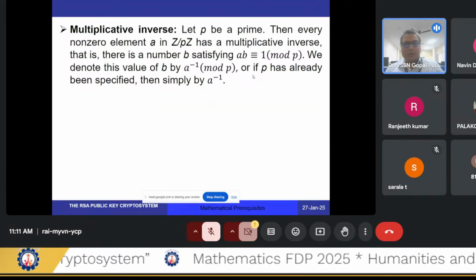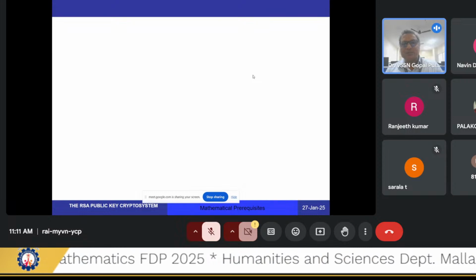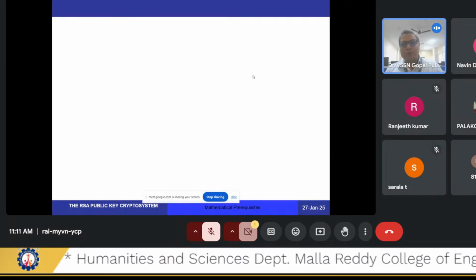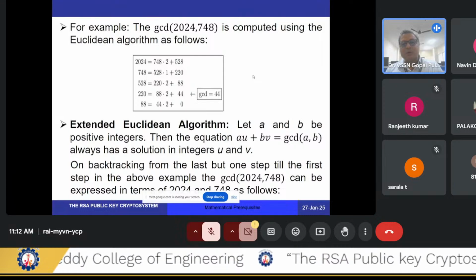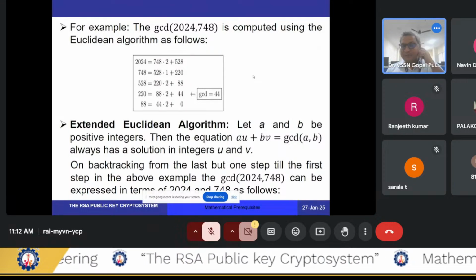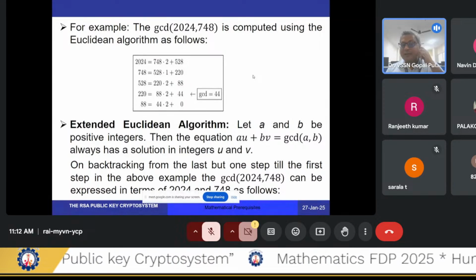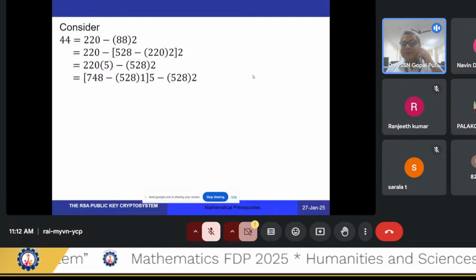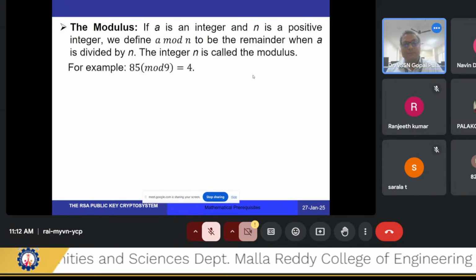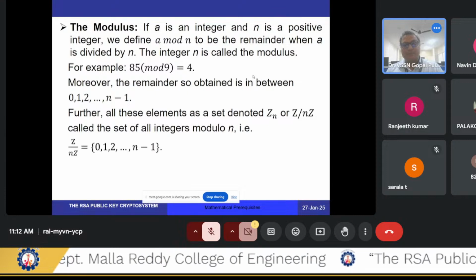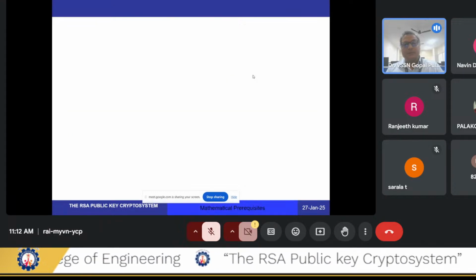The extended Euclidean algorithm, which we just noticed before, is an important tool for finding the so-called inverse of an element in Z_p, integers modulo p. What is p here? It is a prime.